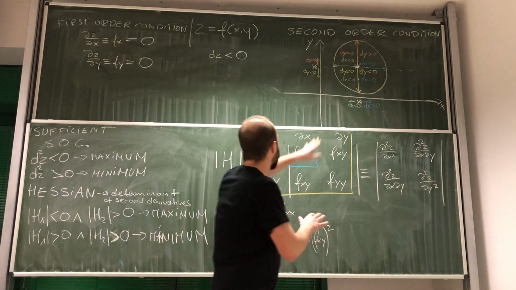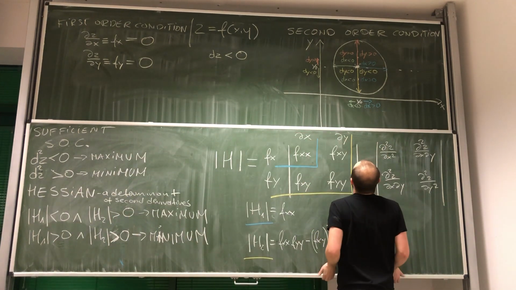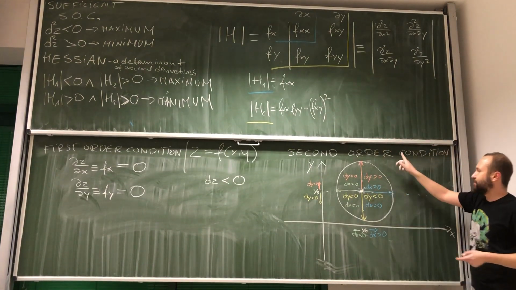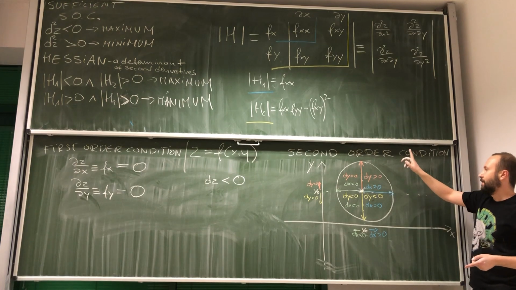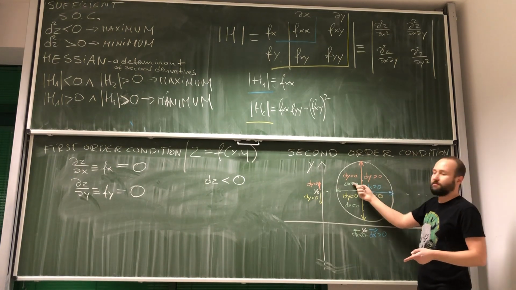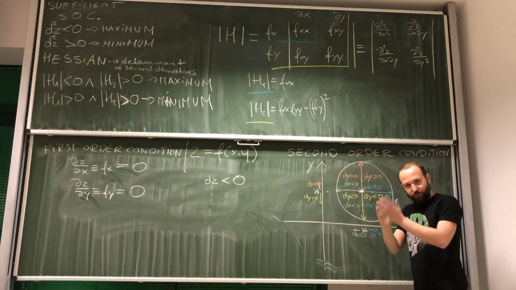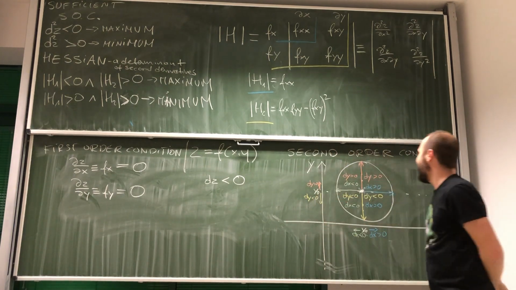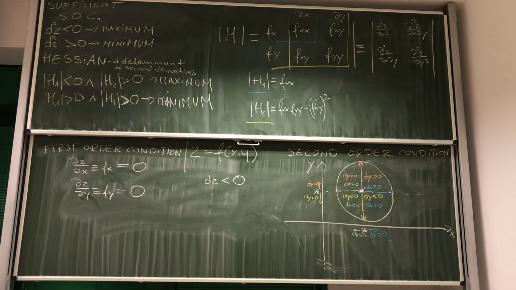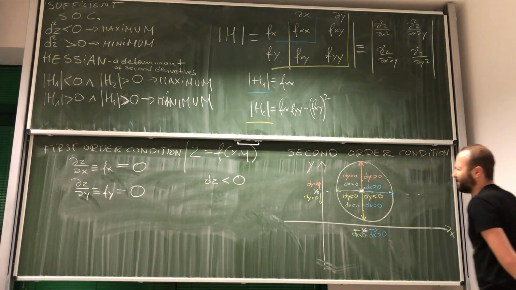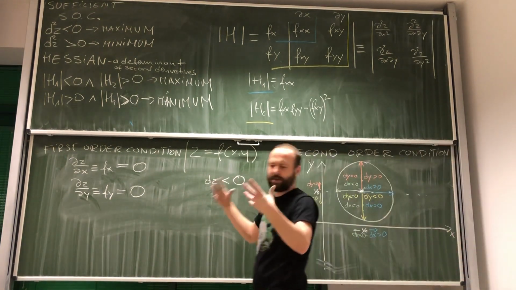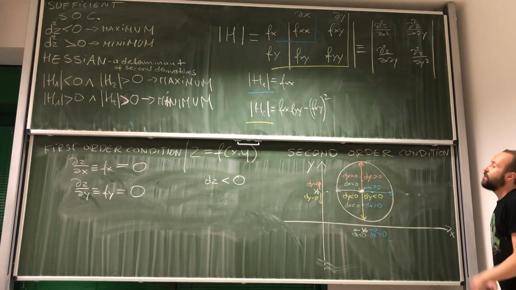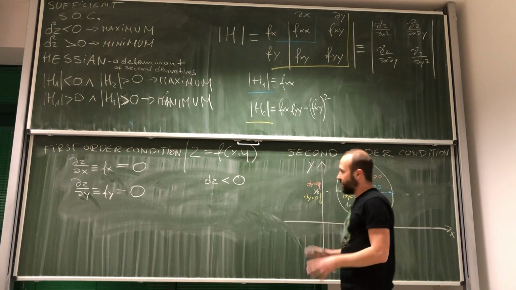This means that in some directions we go up, and in some directions we go down. Remember, a saddle point looked kind of like this, and it is a counterpart of an inflection point, but for three-dimensional functions.